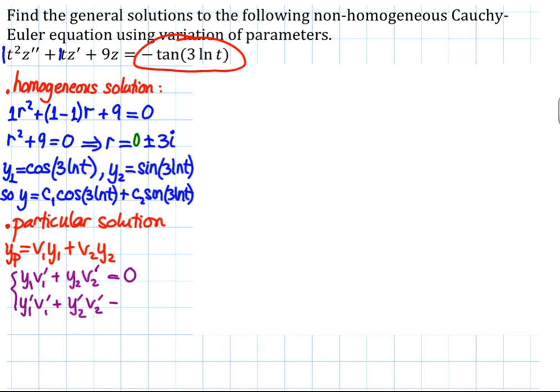This is exactly like what we did using variation of parameters for the equation with constant coefficients. But this time we don't have constant coefficients. So it's very important that in variation of parameters, the leading coefficient has to be 1. We have t squared there, which is not 1. So what we need to do is divide by t squared on both sides.